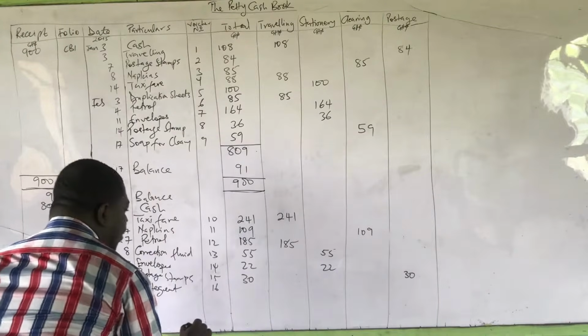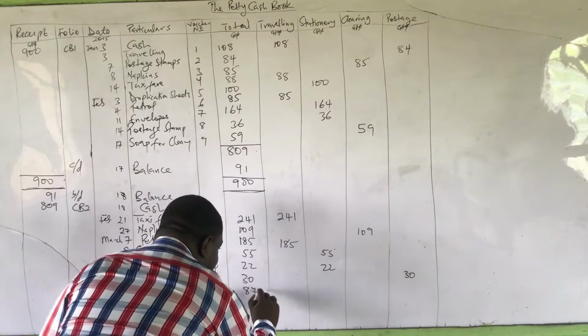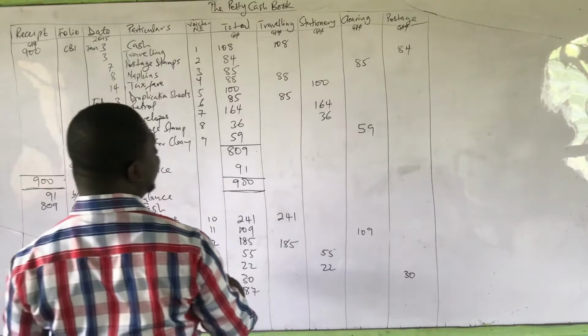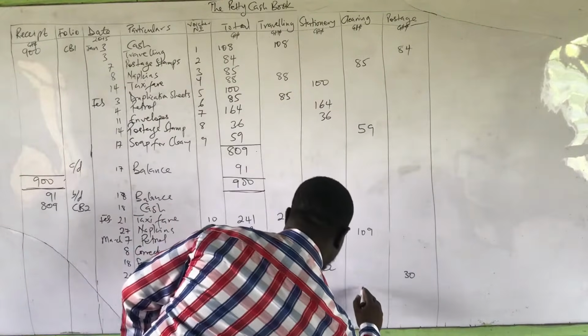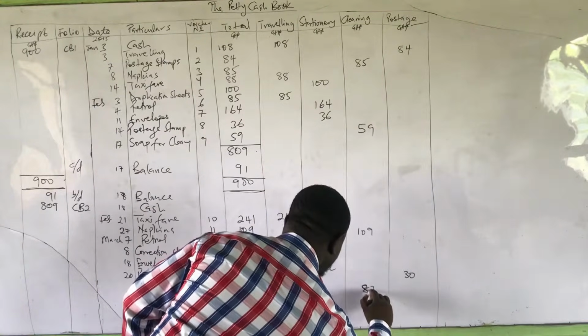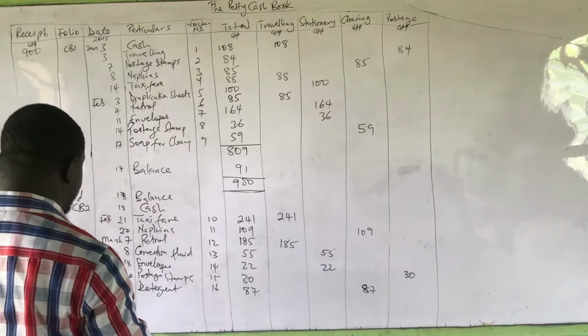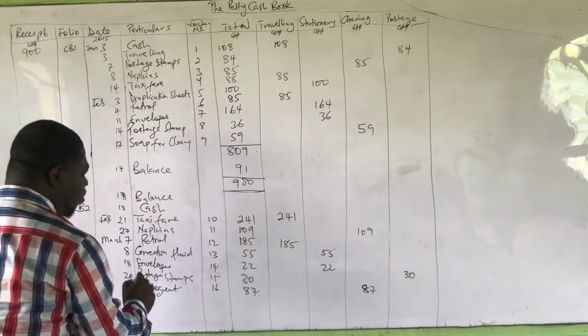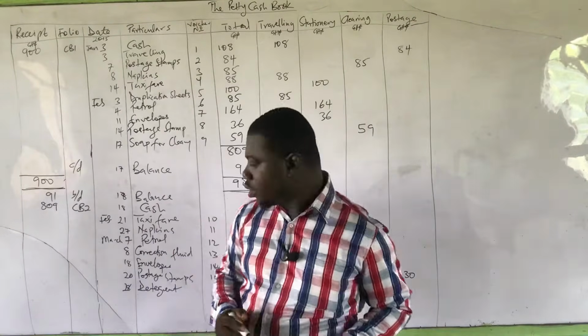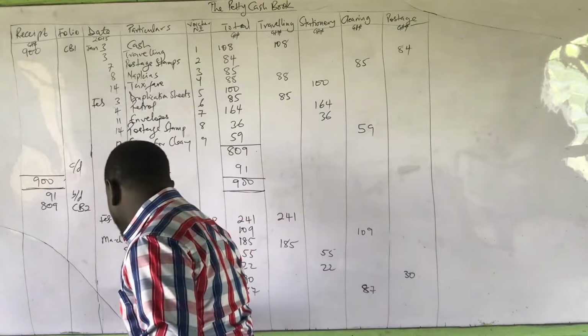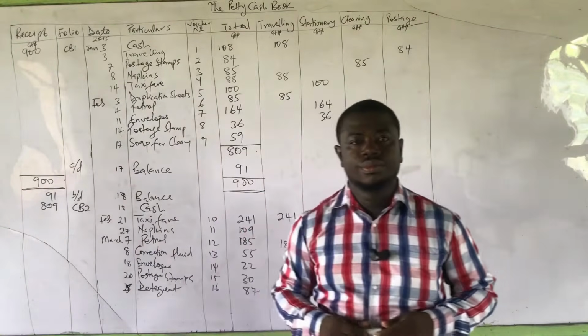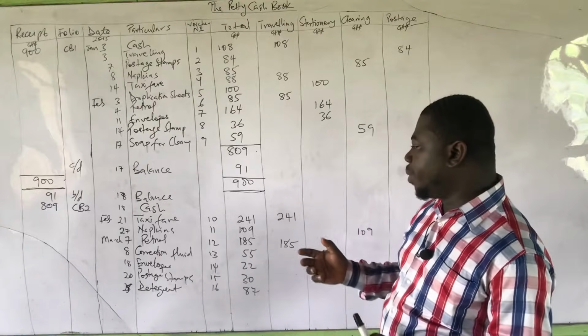Voucher 16 at an amount of 87 cedis. And detergent goes under cleaning. So 87 Ghana cedis under cleaning on the 25th of March. So now we are done with the Petty Cashbook.